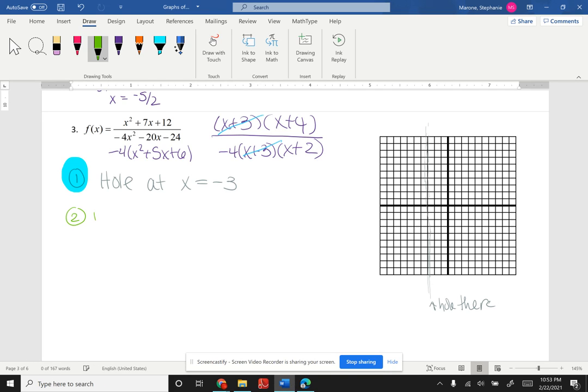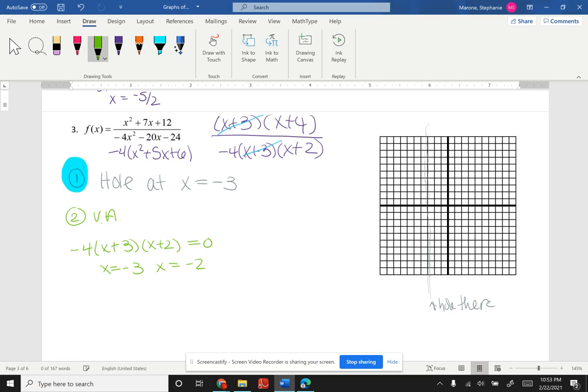I would label vertical asymptote. The vertical asymptote is the domain restrictions. So we're going to use the factored form for the domain restrictions. All I need to do is look at the denominator and set the denominator equal to 0. Since I already have it factored, I'm going to use the factored form. It's easier.